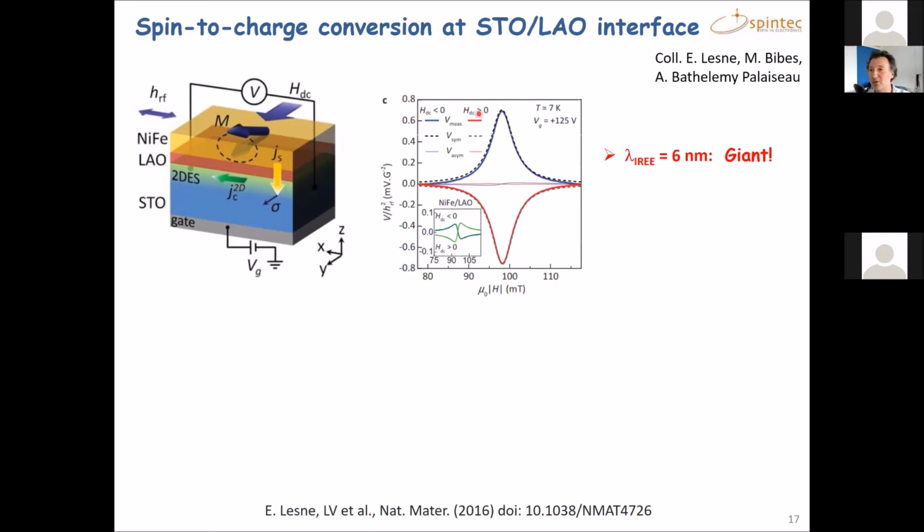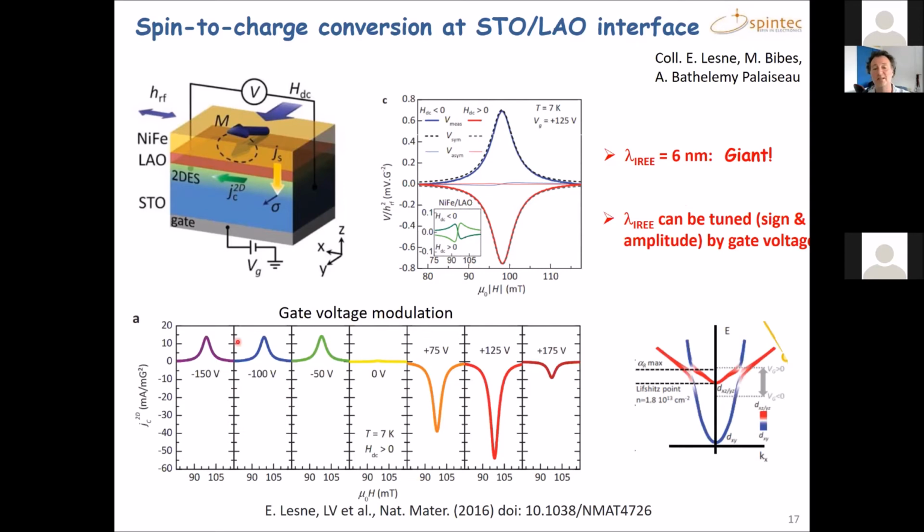The first thing we could observe, at low temperature, 7 K in this case, is that the inverse Edelstein length can become giant, of the order, for example, of 6 nanometers in this case. The second important thing is that when we change the gate voltage applied from the backside of the sample, so we are raising the Fermi level in the band structure of this two-dimensional electron gas, we were able to change both the amplitude of the conversion, but also the sign. And this is something that is very interesting.